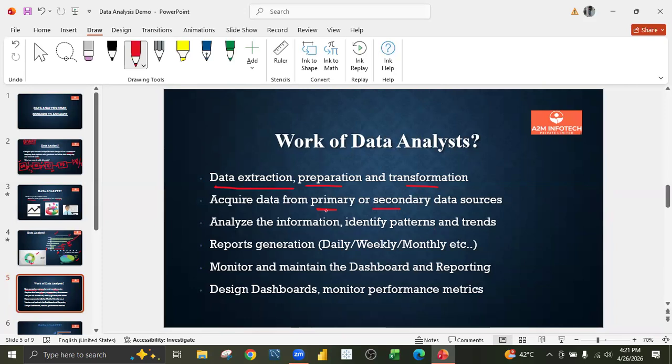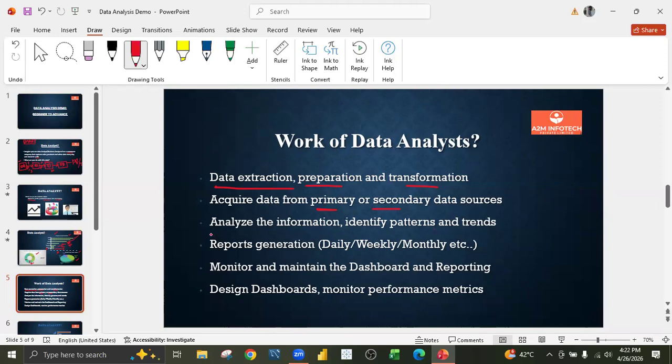Next, we have secondary data sources. What is the secondary data source? It is a source like the cloud. There are different cloud services like AWS, Azure, and GCP. Then we extract data from websites, then the servers. All these are called secondary data sources.